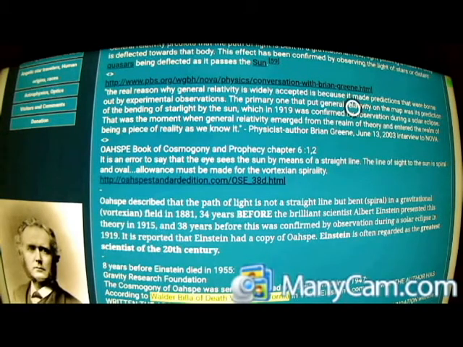The primary one that put general relativity on the map was its prediction of the bending of starlight by the sun, which in 1919 was confirmed by the observation during a solar eclipse. That was the moment when general relativity emerged from the realm of theory and entered the realm of being a piece of reality as we know it. From physicist author Brian Greene, June 13, 2003, interview to Nova.